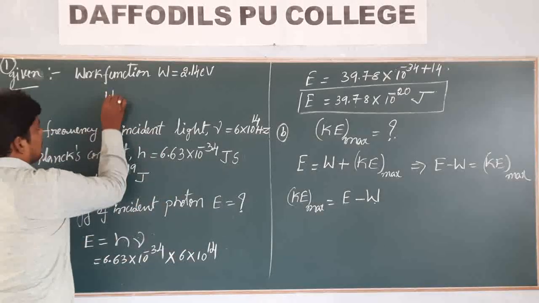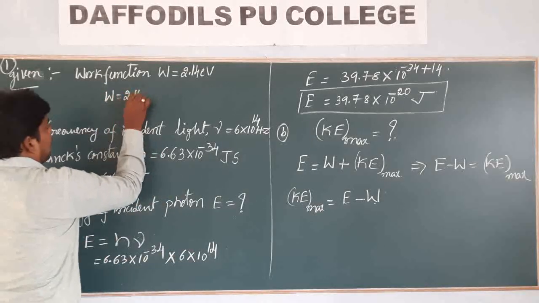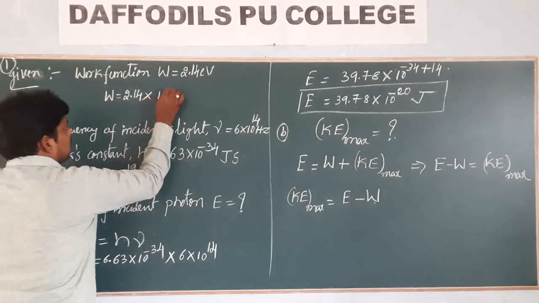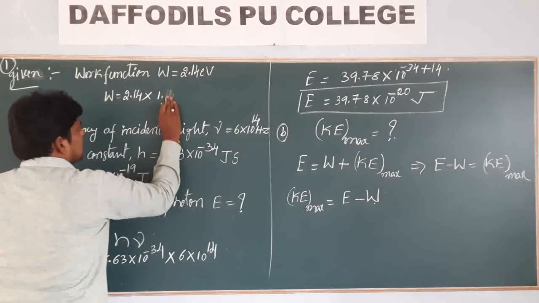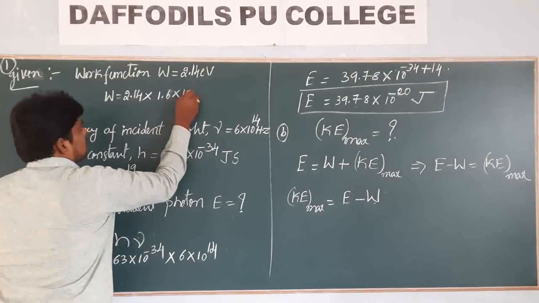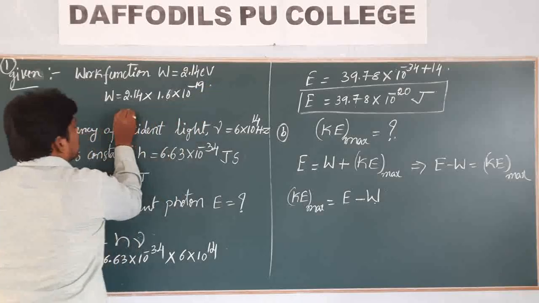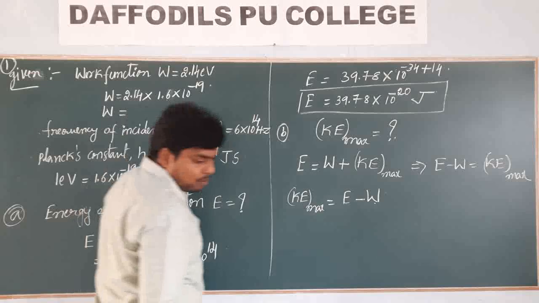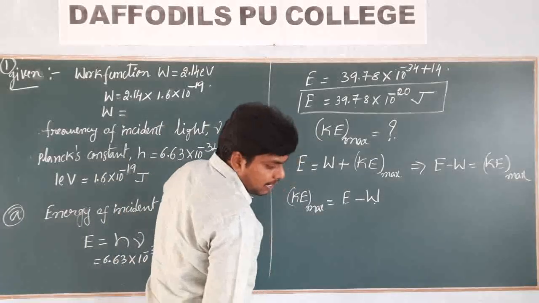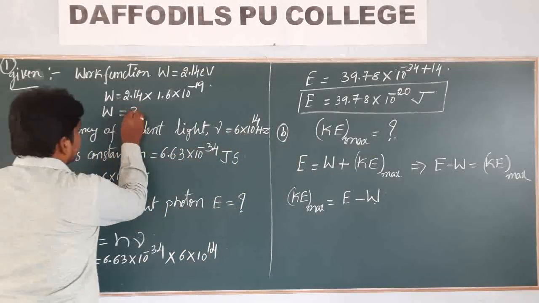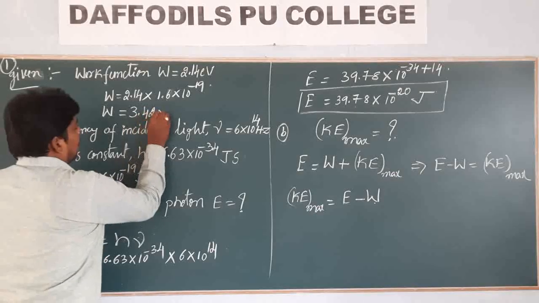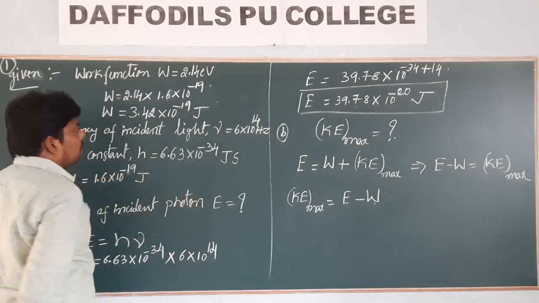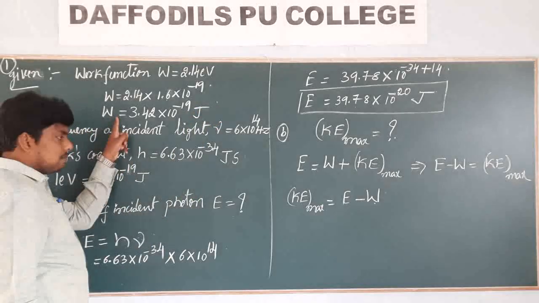Now work function is equal to 2.14 electron volt into 1.6 into 10 to the power minus 19. 2.14 into 1.6, that is 3.42. 3.42 into 10 to the power minus 19 joule. Now we got the work function in terms of the joule.